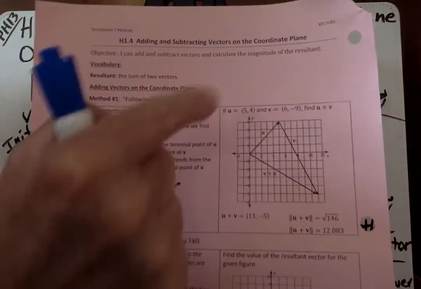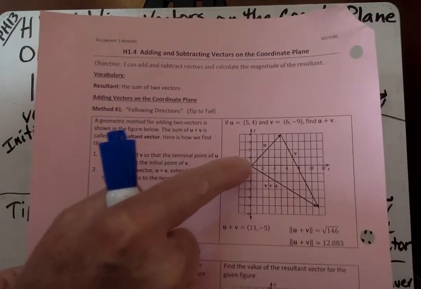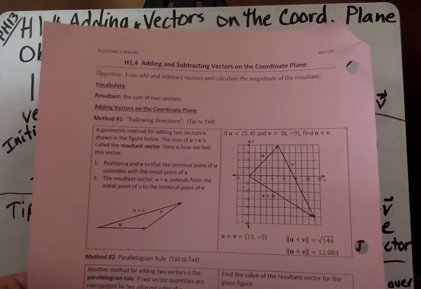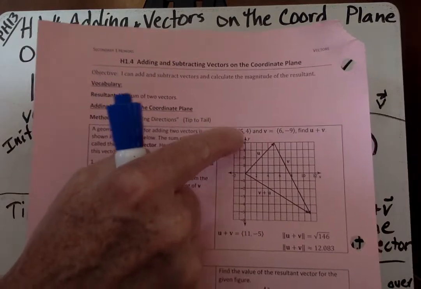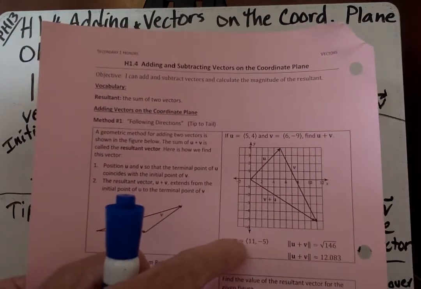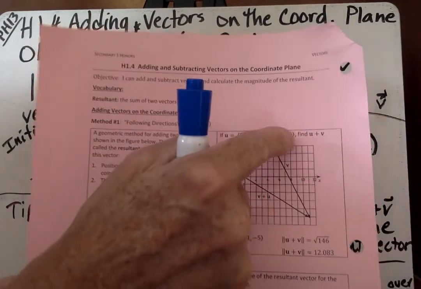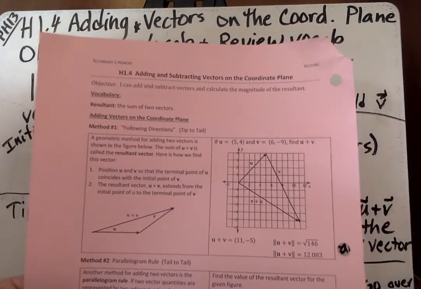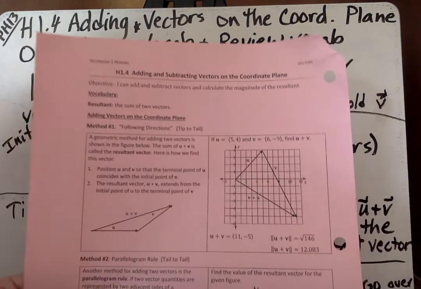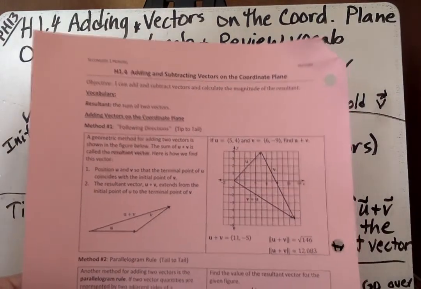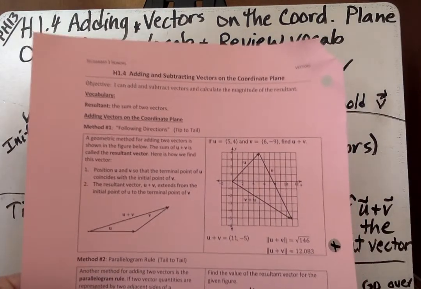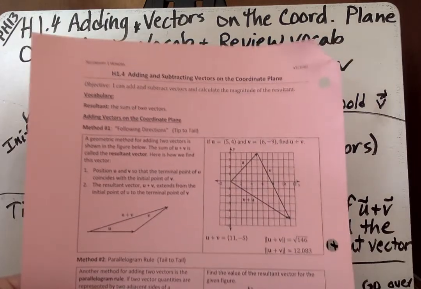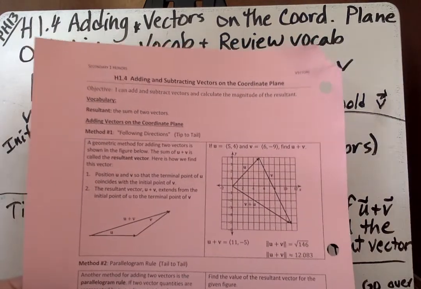Now, because they can do that, and because both of them start at the origin, you can simply add the numbers. 5 and 6 gives you 11, and 4 plus -9 is -5. Now, to find the magnitude of that, they didn't show their work here, shame on them, but they should be doing a squared plus b squared is c squared. And if you want to go over that in class, we can, but right now I'm going to move on to method 2.